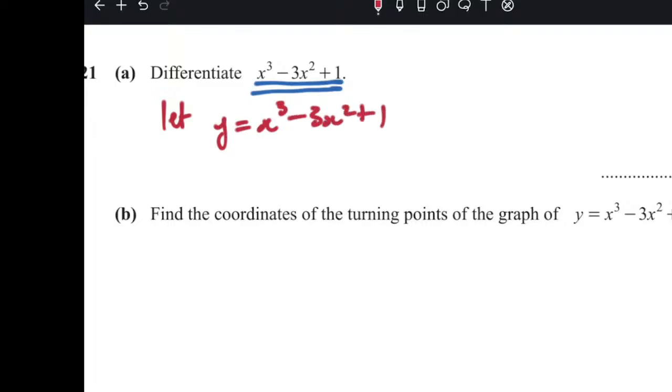They want you to differentiate it, so find dy dx. Drop the power, reduce it by 1. I'll help you here. We drop the power, 3 goes down, we reduce it by 1, it becomes x squared.